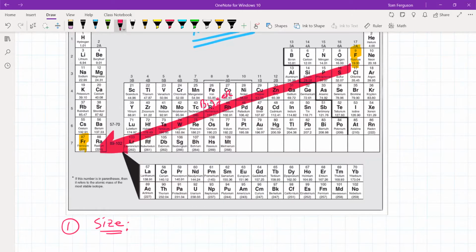As we go from top right to bottom left, things get bigger. So the smallest element is fluorine. The largest one is francium.